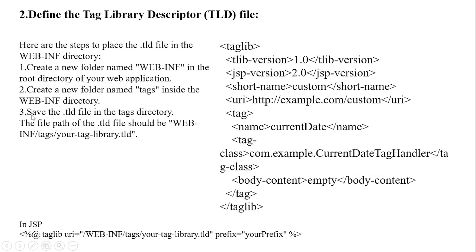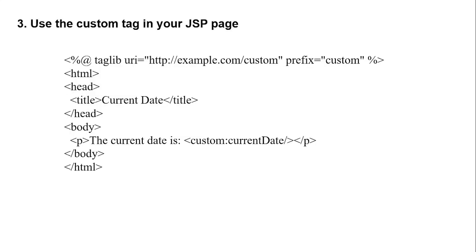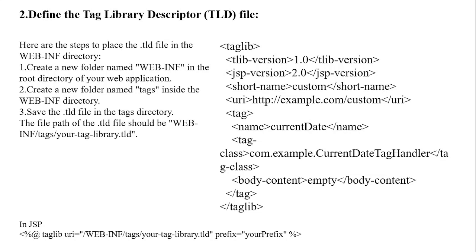This file path is WEB-INF/tags, and this is the code. And if you want to use these TLDs, then we use taglib URI, the web tag file path, and prefix. We can use the prefix, and after using the prefix we can use the tag. So this is a simple way to create a TLD file.